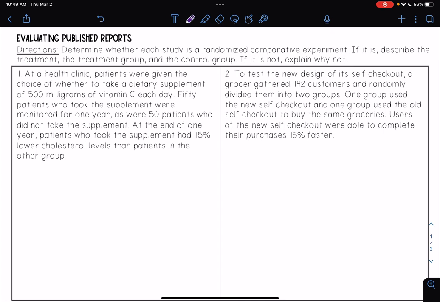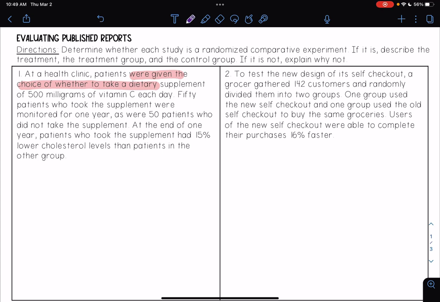So first we want to determine whether this is a randomized comparative experiment. So I want to know whether the control and treatment group, whether they were randomly chosen. Here, it tells us that they were given the choice of whether to take the dietary supplement. So this is not randomized.